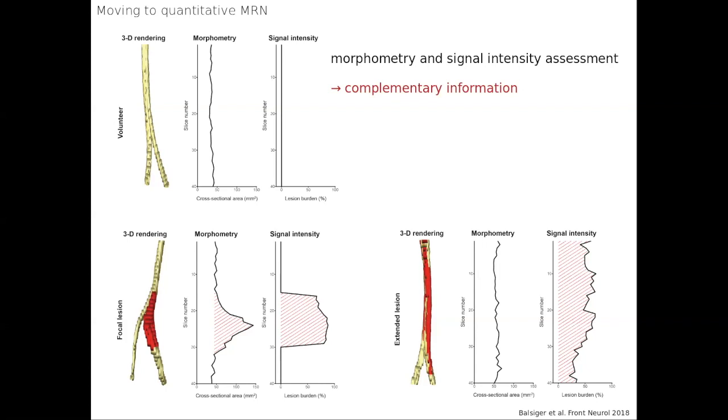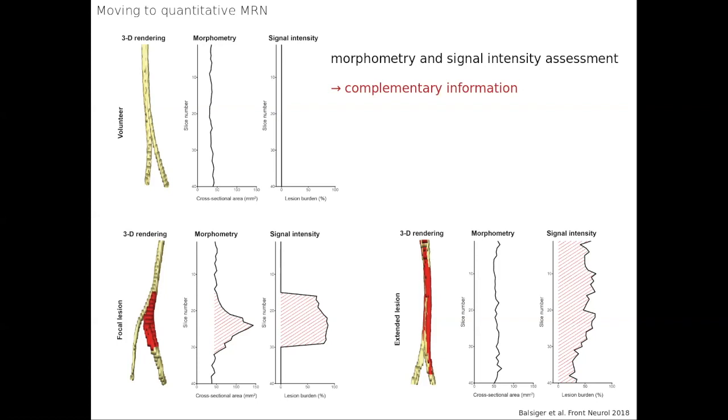If you look at the focal lesion on the lower left side, you clearly see that at certain parts the cross-section area is enlarged, which you can assess quantitatively, and also the signal intensity was changed in this part.